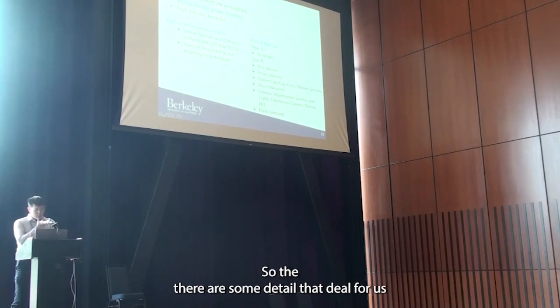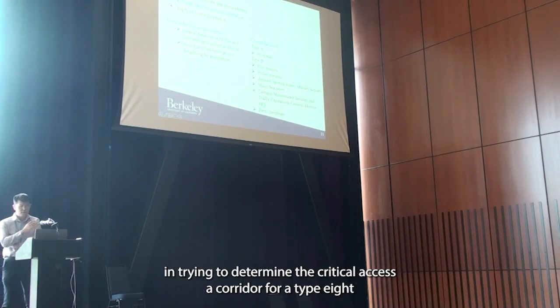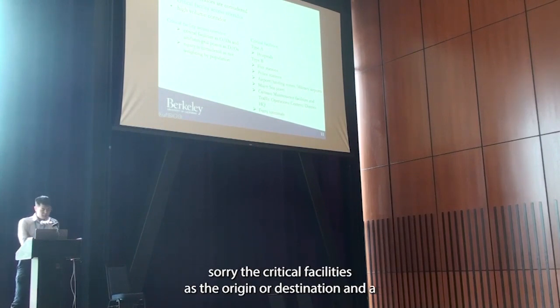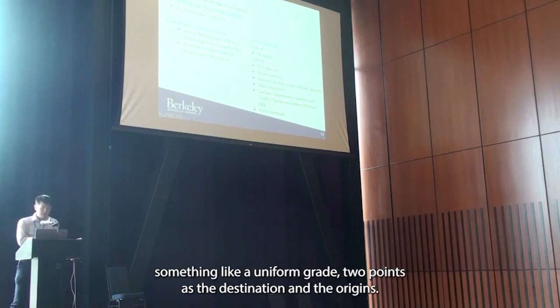There are some detailed differences in determining the critical access corridor for type A and type B, but the general principle is that we assign the critical facilities as the origin or destination, and some uniform grid points as the destinations and the origins.